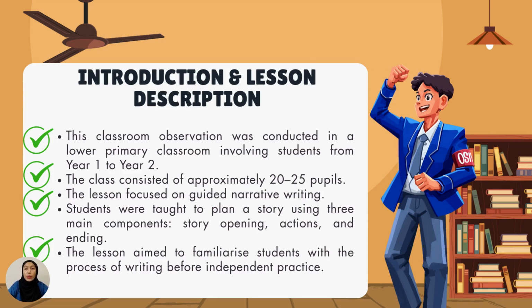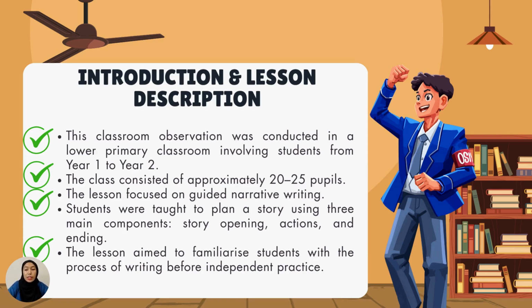Based on our report, this lesson was conducted for lower primary students around year 1 to year 2 with approximately 20 to 25 learners. The lesson topic is narrative writing. The objective of the lesson was to guide students in writing a story using a structured format, such as opening, actions, and ending.